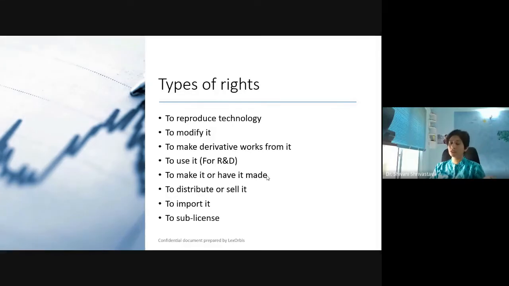When we are talking about sub-license, here the licensee can sub-license the technology to any third party if required. All these things should be clearly mentioned in the agreement document, because that is the scope of the license agreement. These are the activities which are required to be done by the licensee.